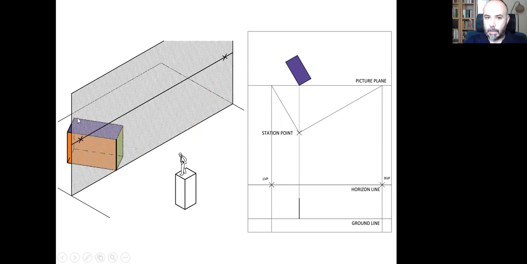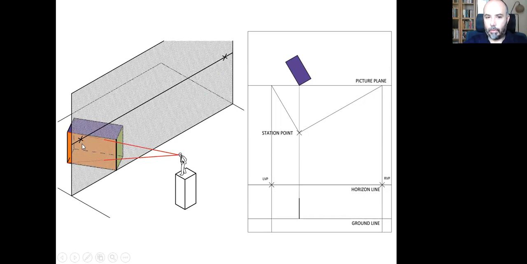Since this edge is touching the picture plane, we can draw it in its true size. However, the other edges will be projected smaller than they are because the picture plane, the projection plane, is between the center of the rays and the object itself.